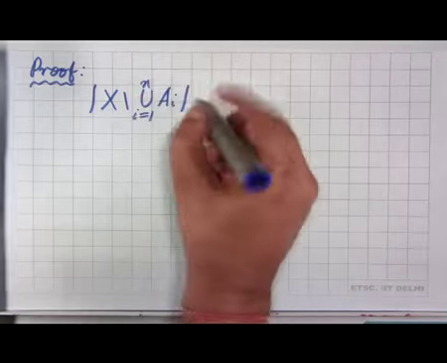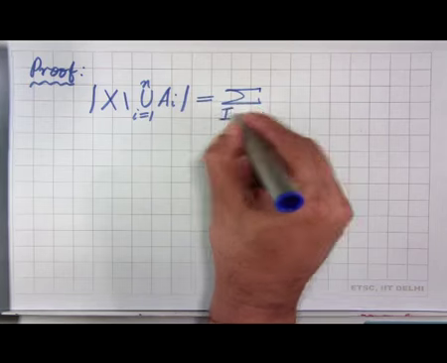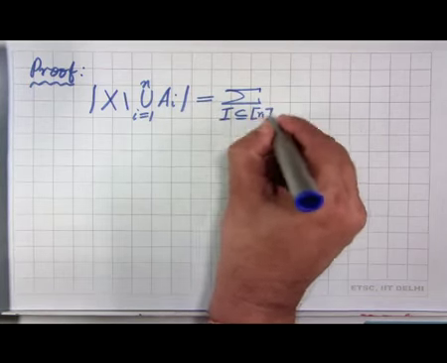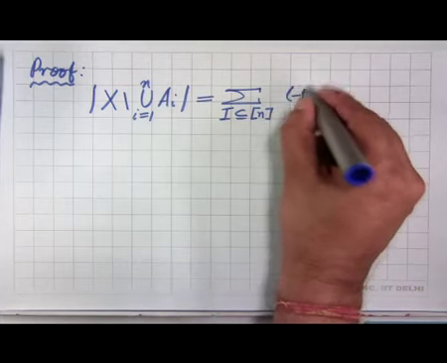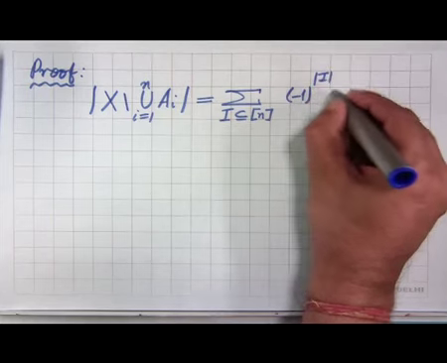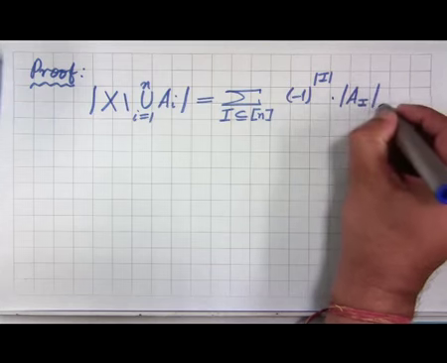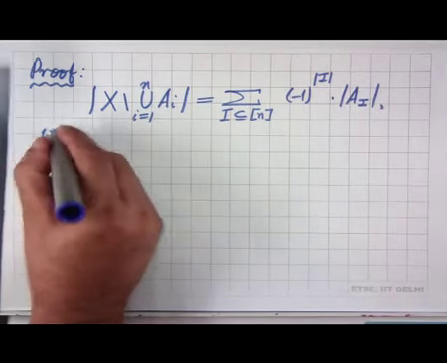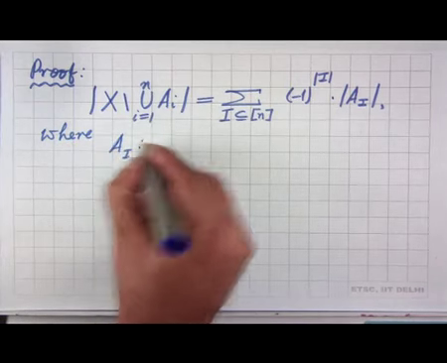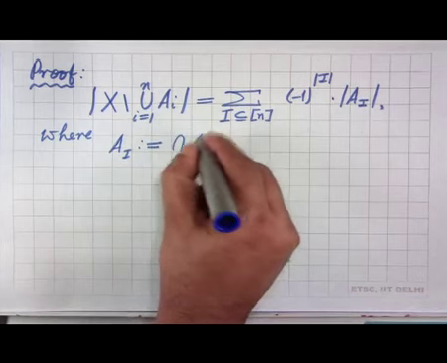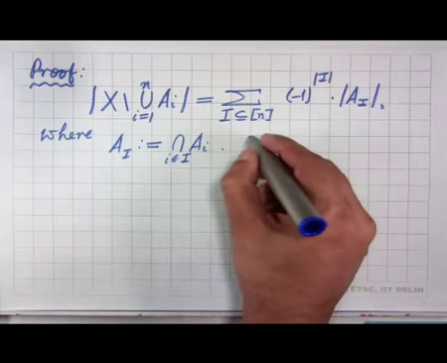So this is the left-hand side of the equation, and in the right-hand side I had I subset of square bracket n, which, let's remind ourselves, is the set 1 through n, and now I have minus 1 to the power cardinality of I multiplied by the size of a sub I. And let me write this down, where a sub I is simply by definition all these ai's intersected where i belongs to I. And we have the convention.